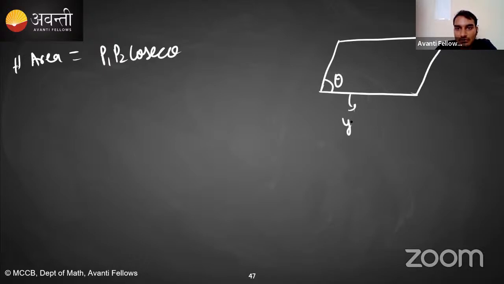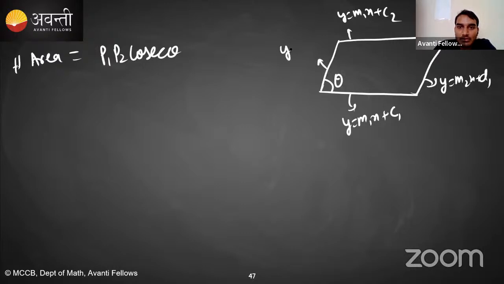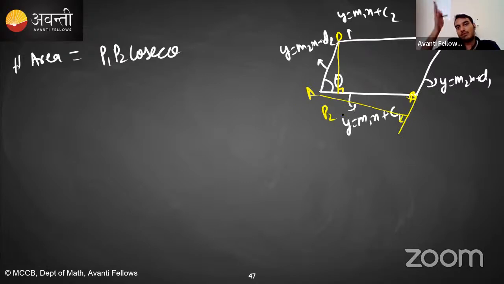What is this line? y = m1x + c1. This line is y = m1x + c2. This line is y = m2x + d1. This line is y = m2x + d2. What is p1? p1 is the perpendicular distance between AB and CD, right? And what is p2? p2 is the perpendicular distance between lines AD and CB.